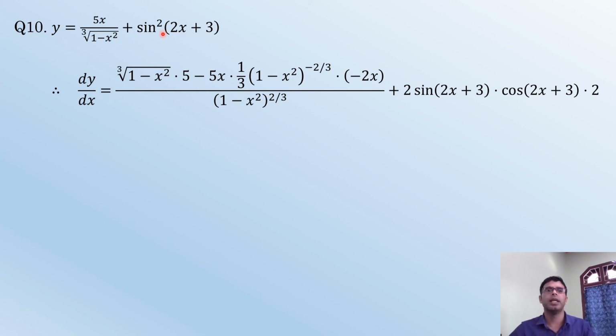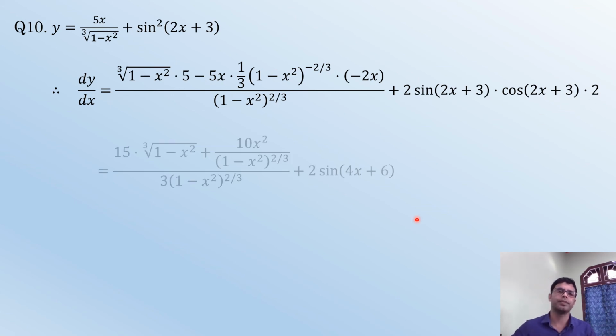Then plus, here the outer function is square, so 2 times the sine function, sine of (2x plus 3), into then the function is sine, so it is cos of (2x plus 3), into then you are considering this term is x, so it is 2 only.